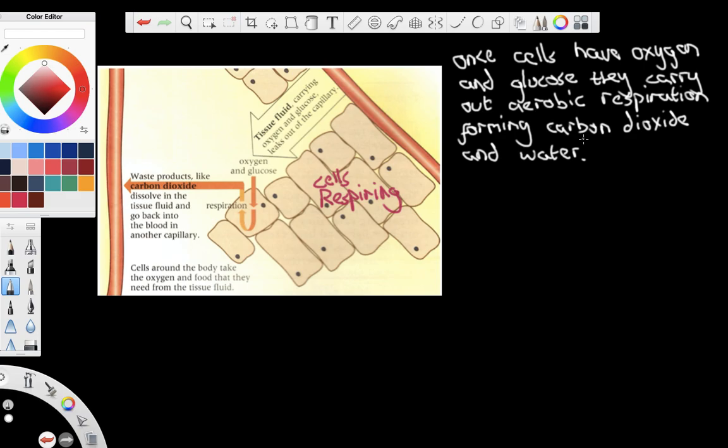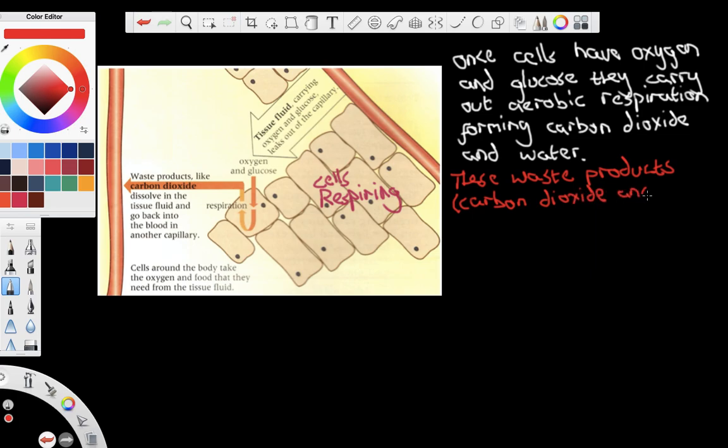Okay? So we can then say in red that these waste products, and we'll put in brackets so that you know what I'm talking about, carbon dioxide and water, need to be gotten rid of.